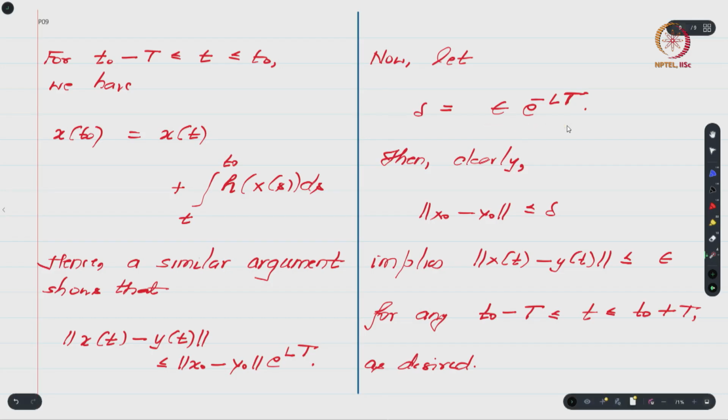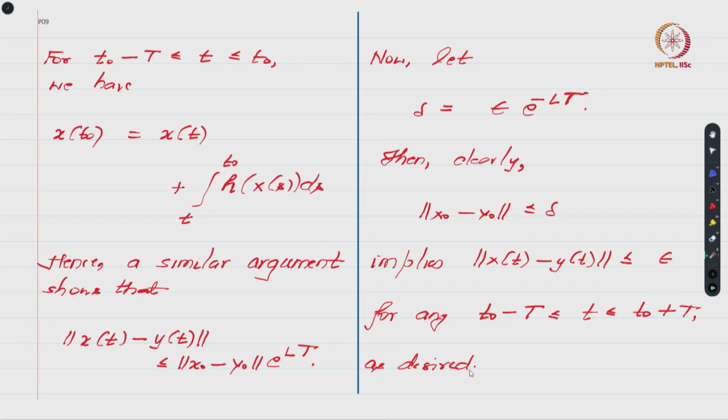As soon as you choose such a small delta, we can multiply this expression with this because we are presuming that x naught minus y naught is less than delta, and delta has some value like this. So because delta has some value like this and x naught minus y naught is less than delta, we can conclude that this product will be less than epsilon as desired.